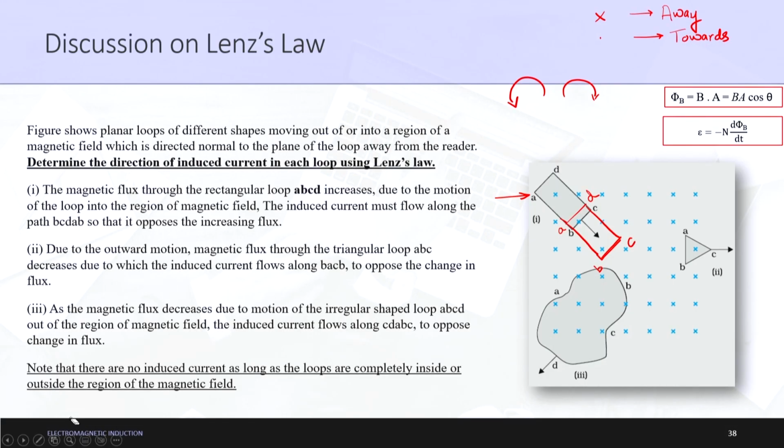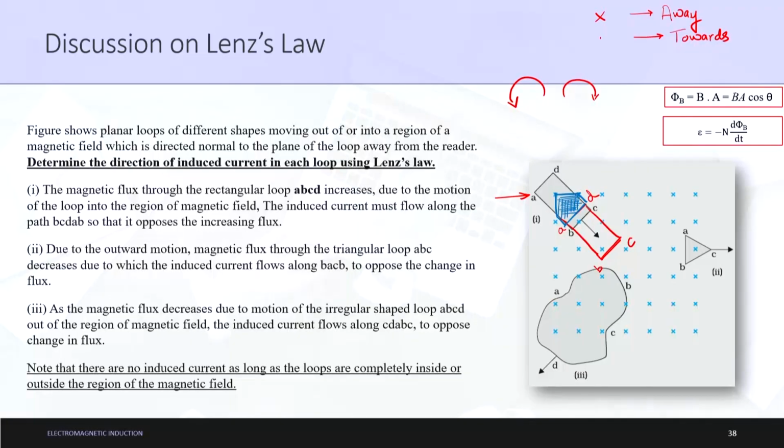First it was only acting in this small area. As the area was small, the magnetic flux going through that portion will be small.